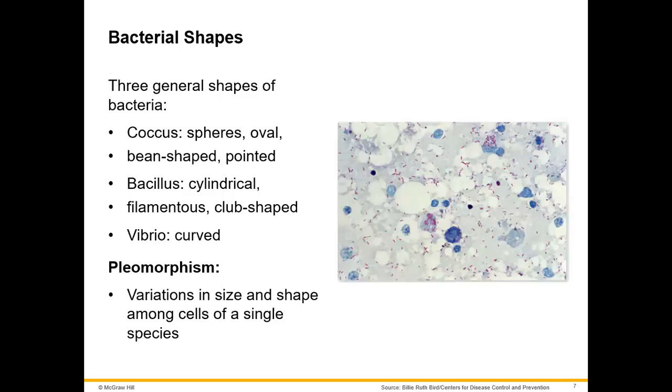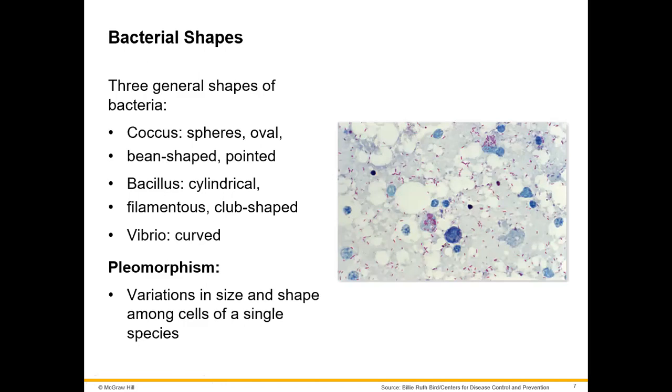The 3 general shapes of bacteria are the coccus, which are round, spherical, oval, or bean-shaped bacteria. You have the bacillus, which is cylindrical. There are filamentous bacteria that are kind of club-shaped.